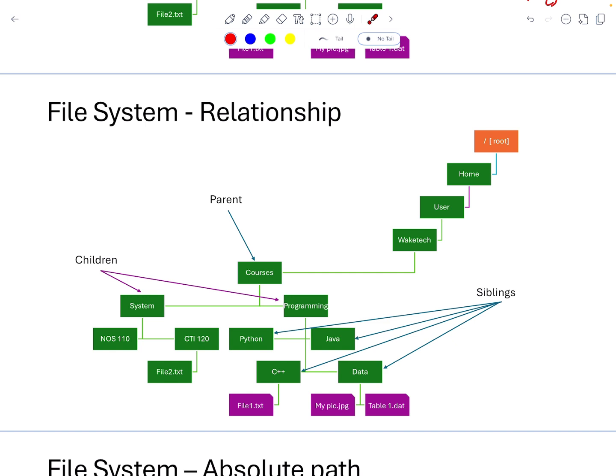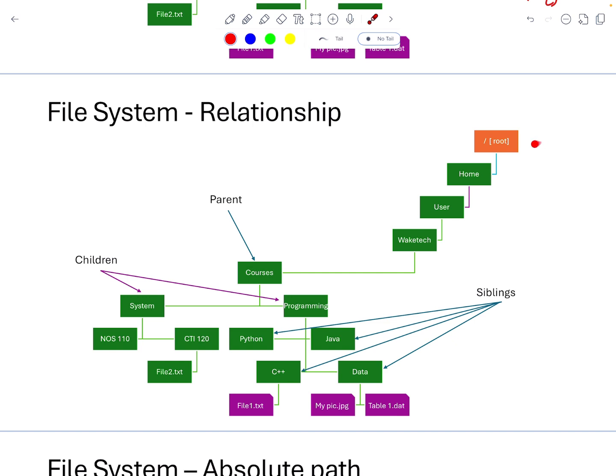Since it's a hierarchical relationship, the relationships are key here. We need to learn certain things, because based on the relationship, the way we navigate in this structure behaves a little differently. There is a parent-child relationship.